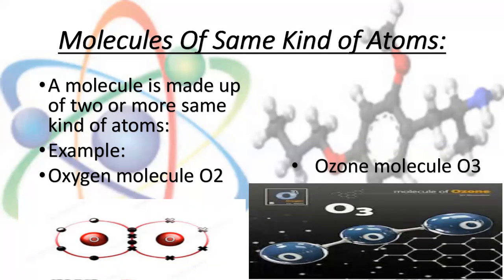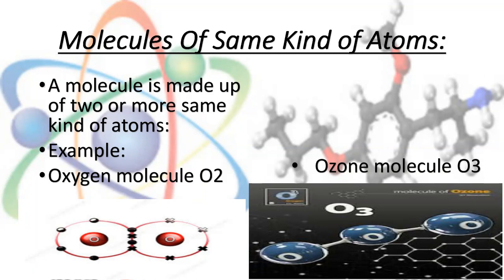Just like the second example, here the elements are combined. On this side, this is the ozone molecule. You know what ozone is? Ozone is a layer which surrounds our biosphere, our earth. In the ozone molecule, there are three atoms of oxygen: this is the 1, this is the 2, and this is the 3.